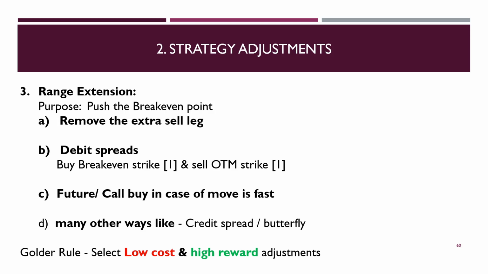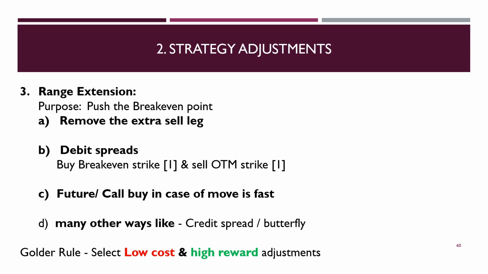To adjust this position, we can buy the break even level strike call and sell a call a few strikes away. By buying the break even level call, we are hedging that point, and to cover the cost, we are selling far OTM calls. We are just buying an extension. We are still naked on the upside, but we have bought some 60-70 points of extension by doing this adjustment.